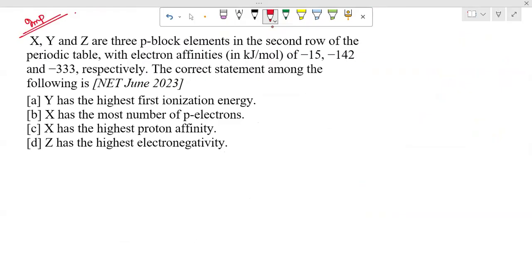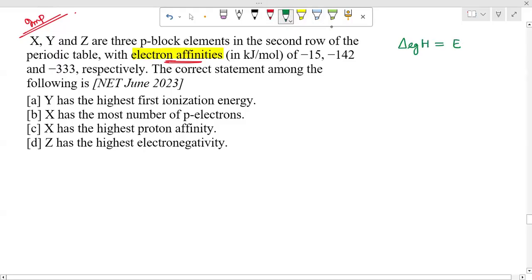X, Y, and Z are three p block elements in the second row of the periodic table. So we know that the second row is lithium, beryllium, boron, carbon, nitrogen, oxygen, fluorine, neon. With electron affinities, very important over here, they have used the term of electron gain enthalpy as electron affinity. Okay? So during our classes, we did learn that electron affinity is the negative of electron gain enthalpy.